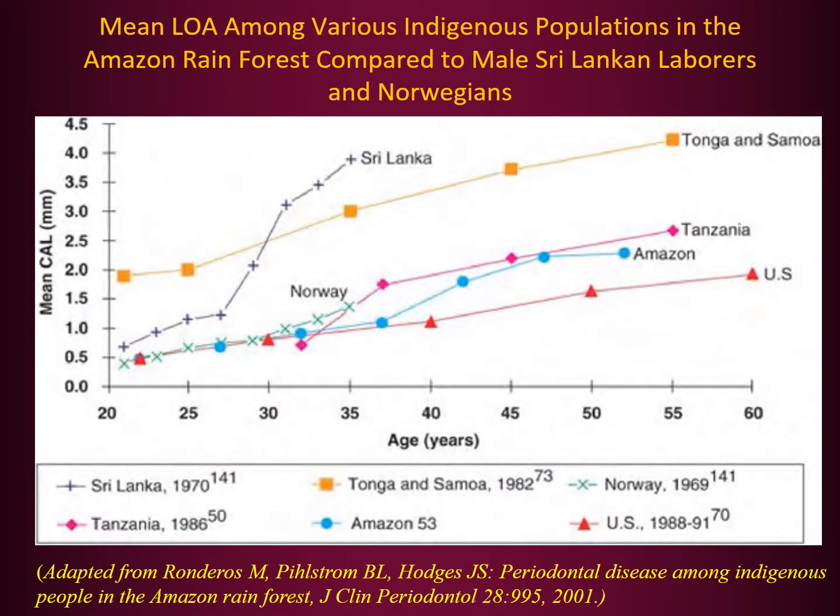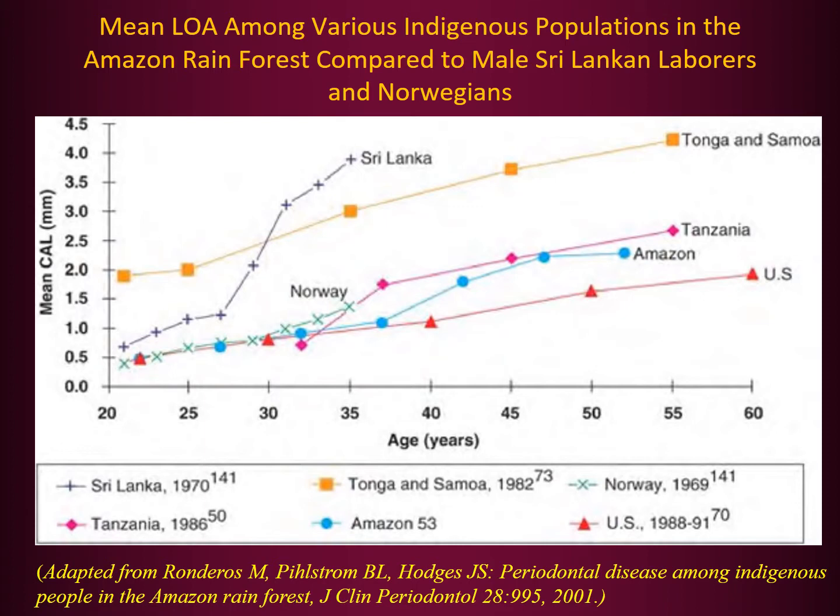Now this slide essentially compares the Sri Lankan group, which you can see on the far left, with other groups, and these are indigenous people of the Amazon rainforest. It's also compared to the Norwegian group, which was the parallel group that was used to initially compare the Sri Lankan tea laborers.